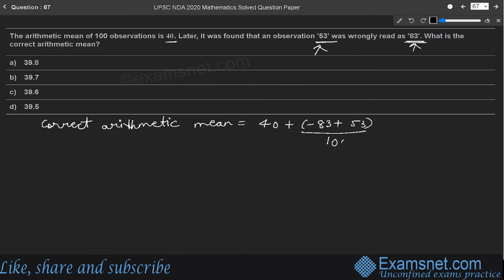See, 83 is negative because it was the wrong observation and 53 is positive because it was the correct observation. So further solving, it will be 40 minus 30 upon 100, which gives 39.7. So the correct value of arithmetic mean is 39.7. Therefore, the correct option is option number B, 39.7.